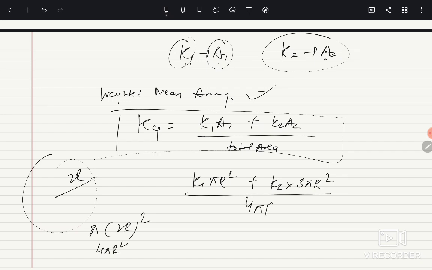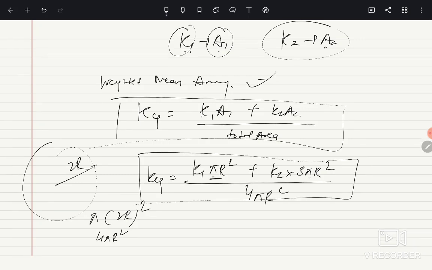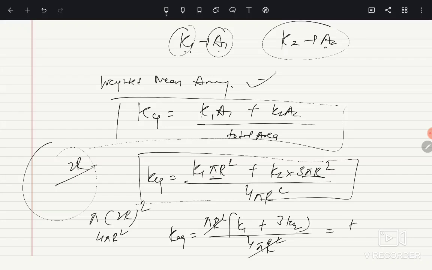So K equivalent comes out to be pi R square, taking it common, (K1 plus 3 K2) upon 4 pi R square. Pi R square gets cancelled and we get K equivalent as (K1 plus 3 K2) by 4.